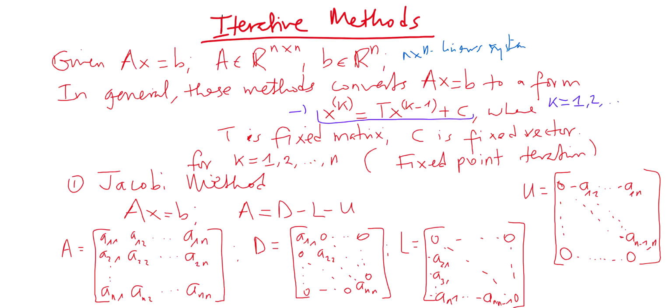T here is a fixed matrix, and C here is a fixed vector. So we write our linear system in terms of some matrix vector iteration form.